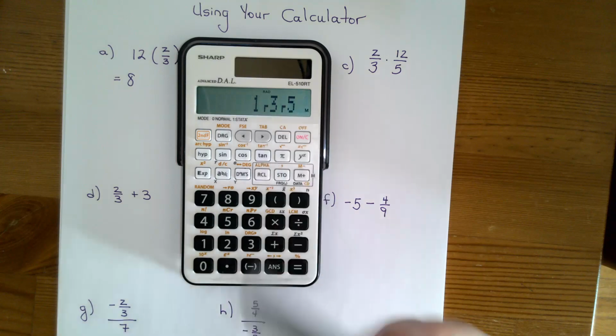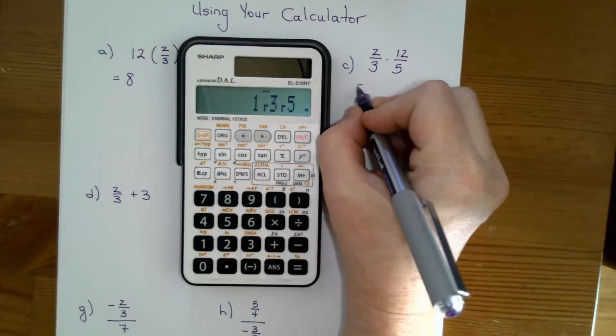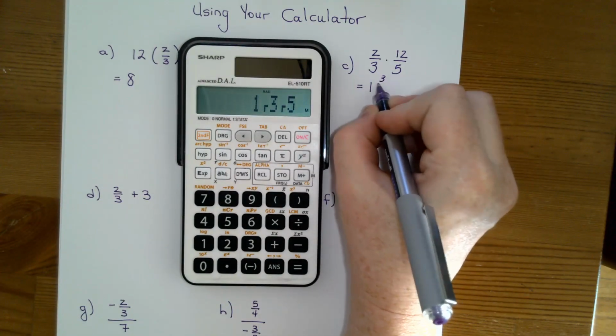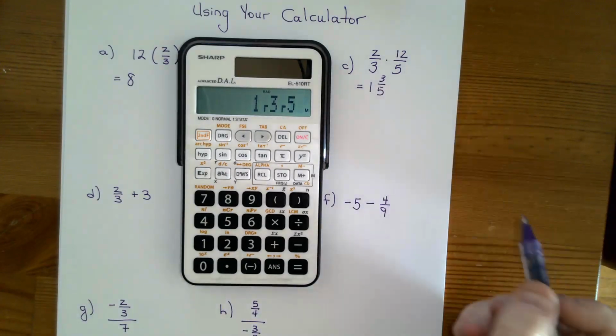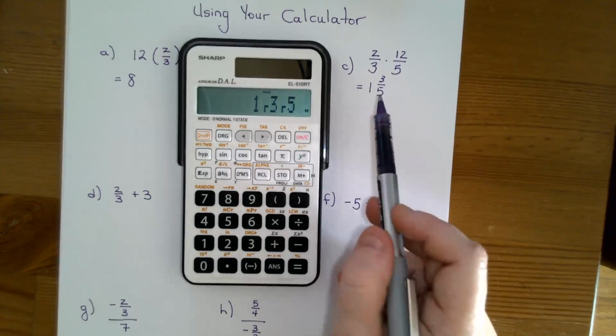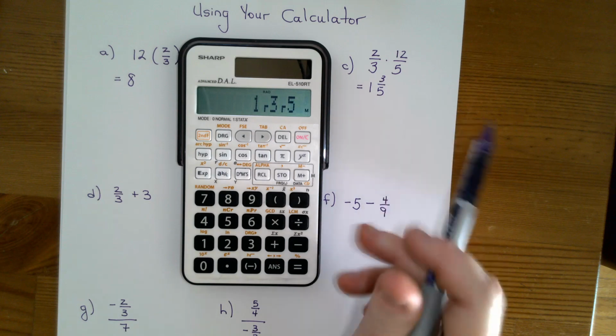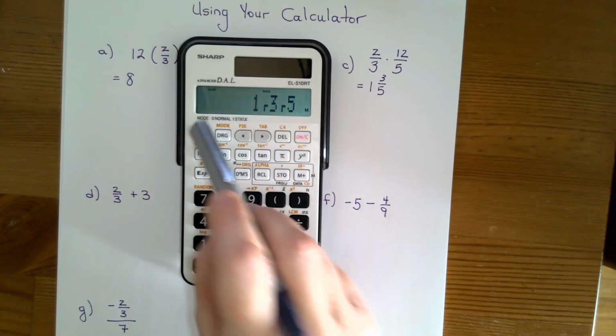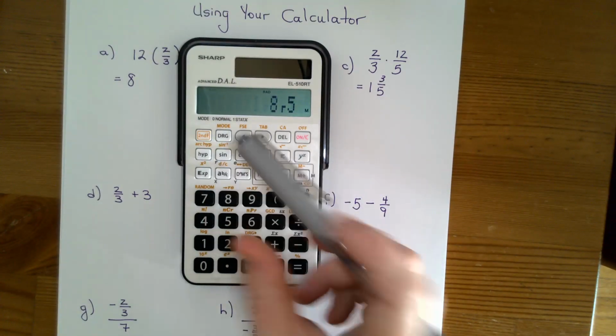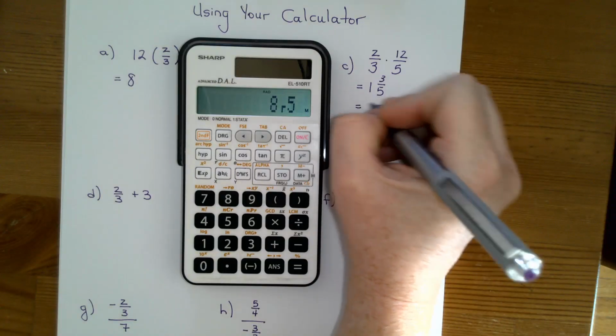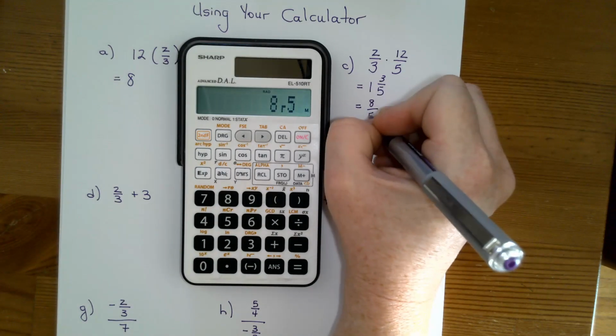And again, I get 1 3/5. So now I want to convert that to an improper fraction. So I'm going to hit this button again, hit ABC, and now I have 8/5.